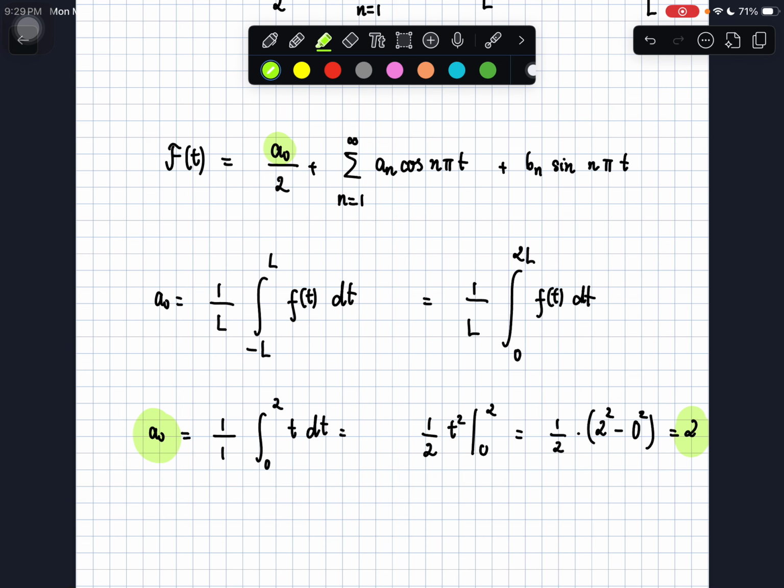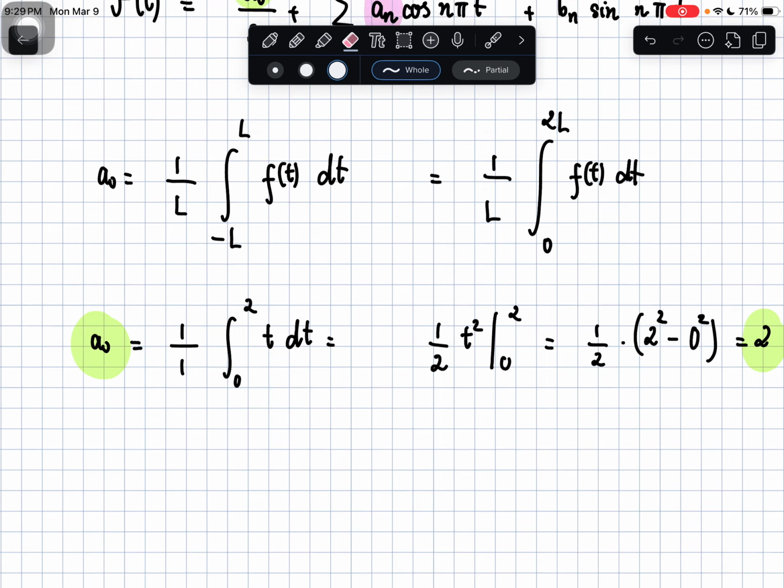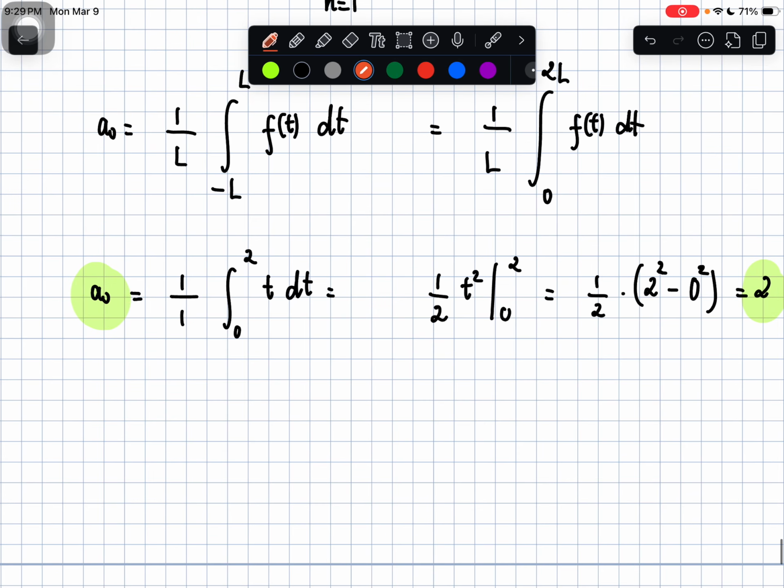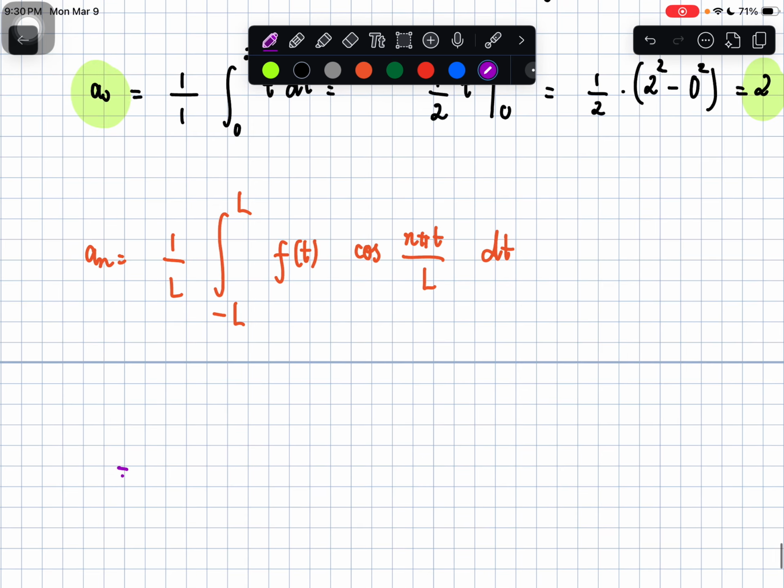And now we do an. an equals 1 over l times the integral from minus l to l of f(t) cosine(n pi t over l) dt, or you can use another interval, 1 over l times the integral from 0 to 2l.